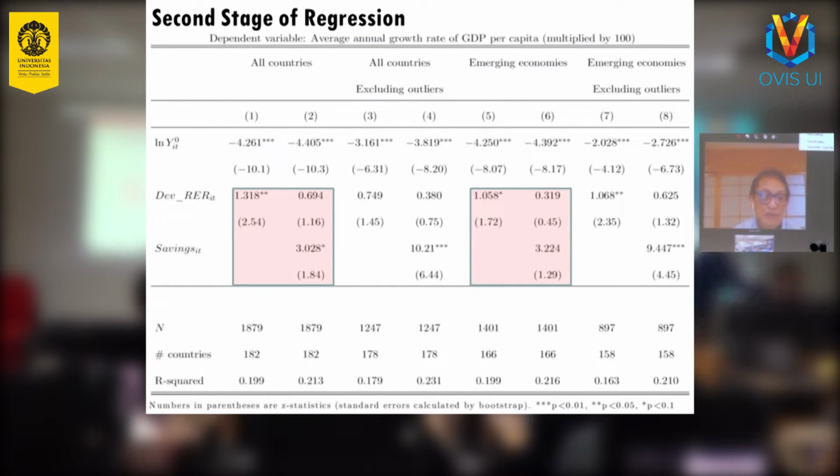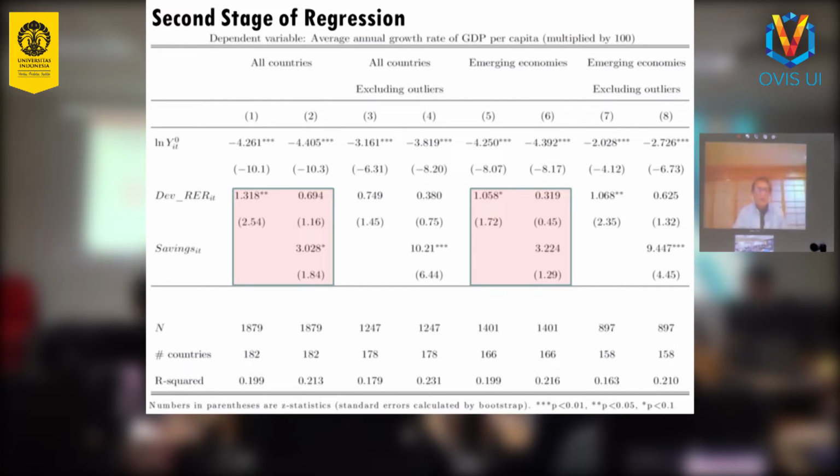But once you include the saving in your equation here, notice what happened with the coefficient. It's not only getting smaller, but also getting less significant. By the way, all the numbers in the brackets are standard deviations.